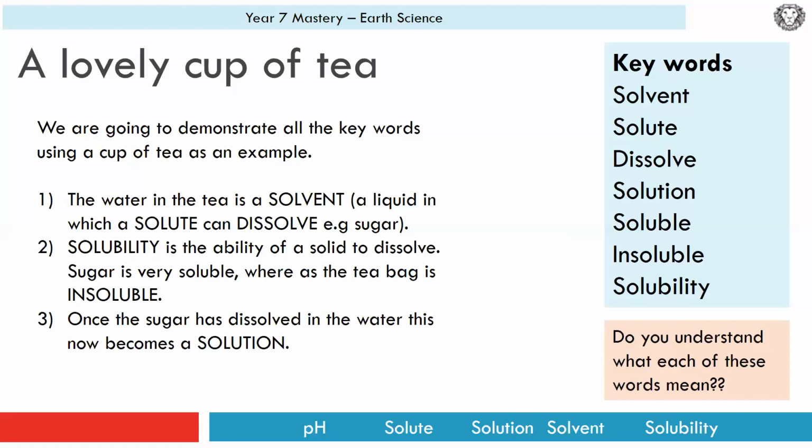So you can either pause the video or rewind the video to go through the explanation again, but you have 5 minutes now to write a definition for each one of these. Once you've done that, if you want to challenge yourself, try and think about, do you understand what each of these terms mean? So I suggest that you either pause or rewind the video now so you can get on with writing the definitions.